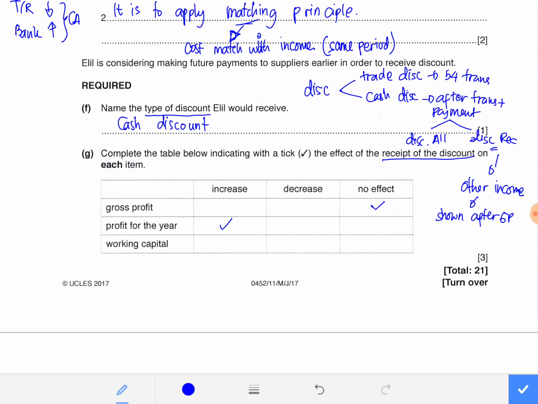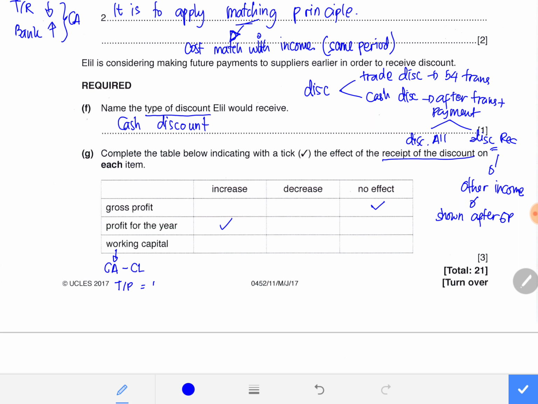Next, working capital. How to answer this? Working capital formula is CA minus CL. CA is current asset, CL is current liability. Now, let's illustrate that you have debts to trade payables.